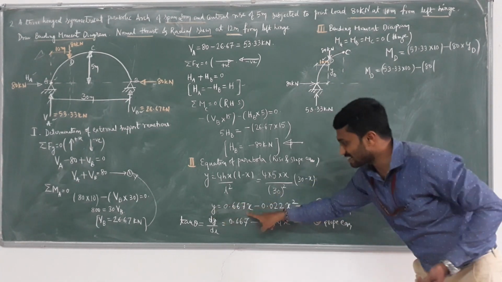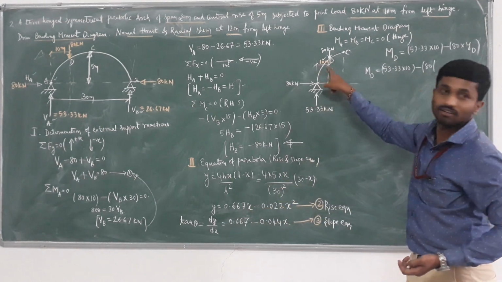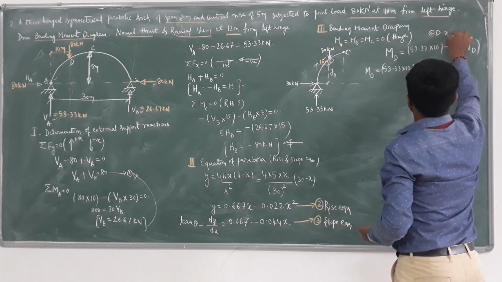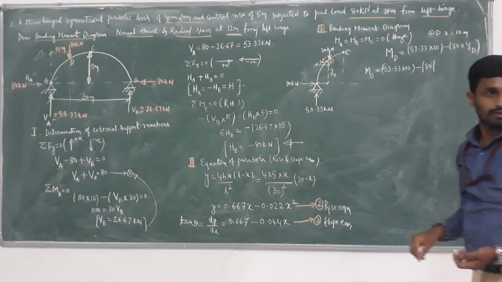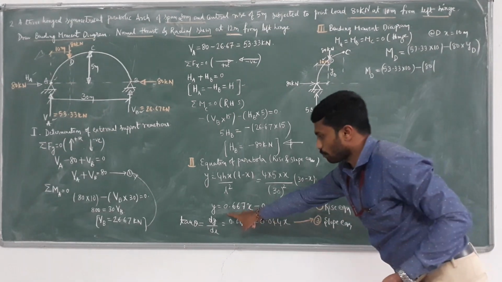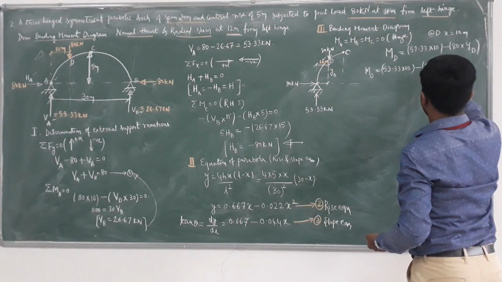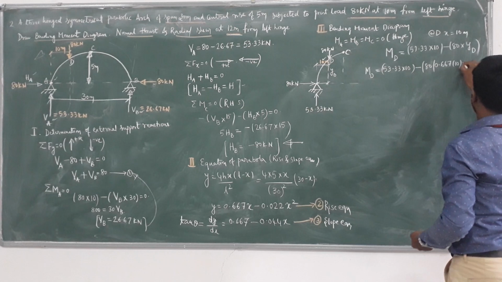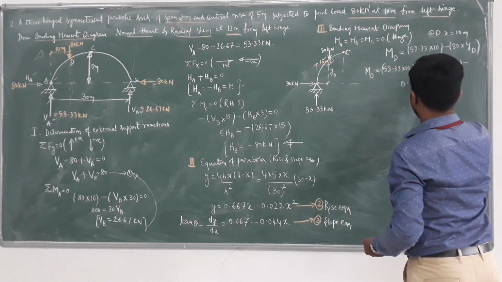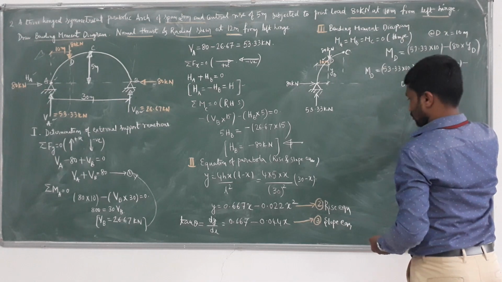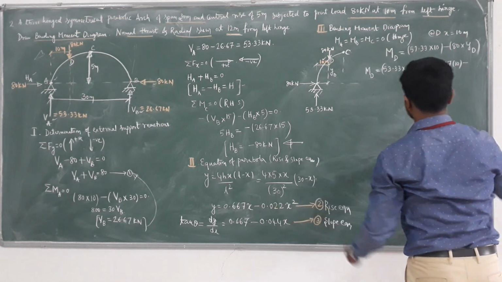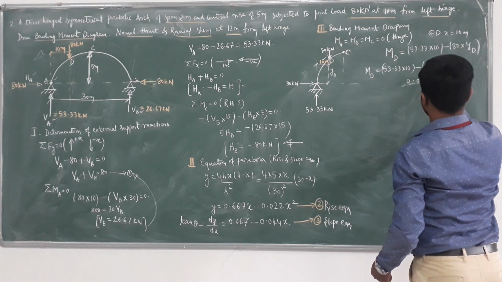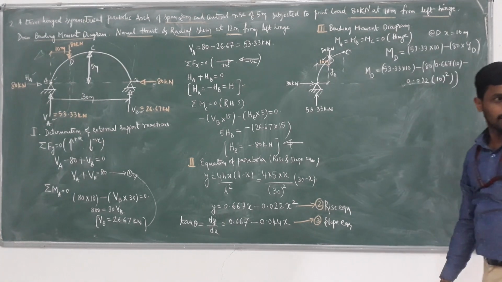At D, the X value is 10 meters. Therefore, YD will become 0.667 into 10 minus 0.022 into 10 square.